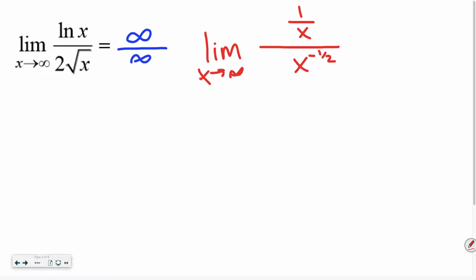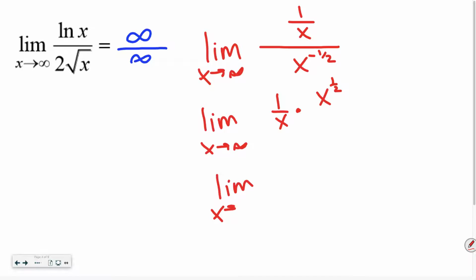So when we simplify this, we have 1 over x times x to the 1/2, so ultimately we have 1 over x to the 1/2 power.